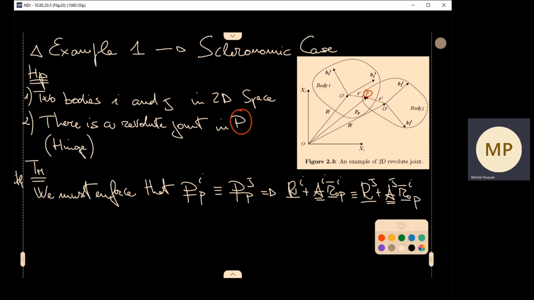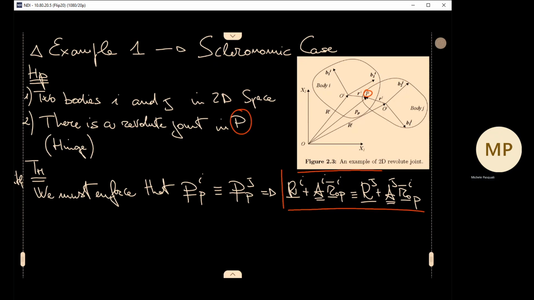This is what we have to write. That's the vector equation. You see?